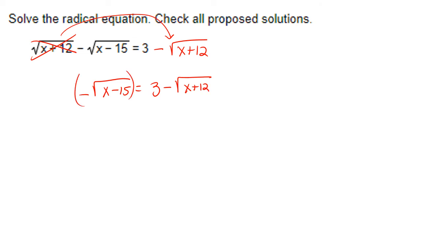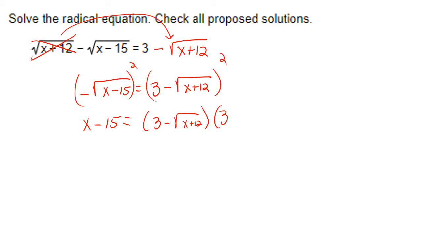Now I will square both sides. That will leave me a positive x minus 15 on one side, but on the other side I'm left with an interesting expression. It looks interesting, and I must use the FOIL method to solve this.